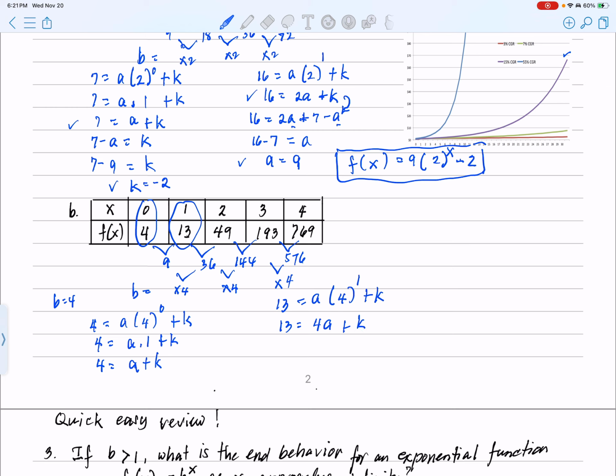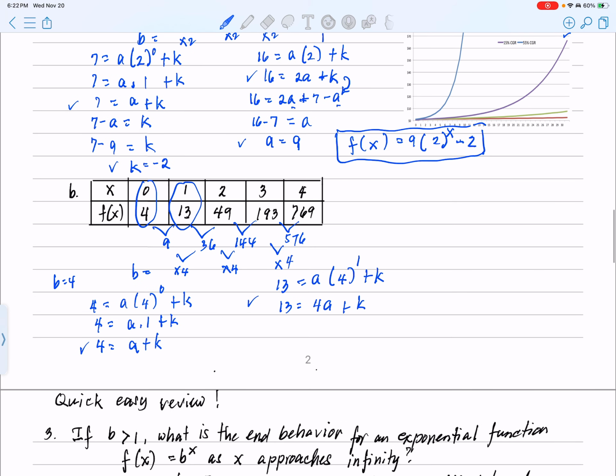We have two unknown values, which are the A and the K. So in other words, we can simplify the first equation by isolating the K. That would be 4 minus A equals K. All right. So we substitute that value of K in this equation. So this will be 4A plus 4 minus A, substituting the value of K.